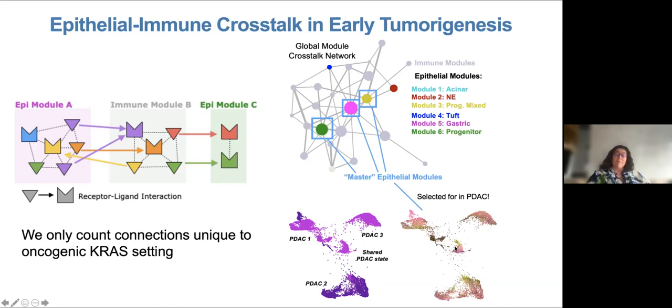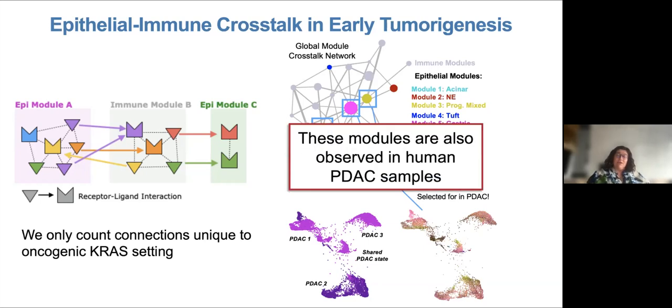And even more importantly, we went back to our human data, and I'm not going to show you the exact data because it's pretty ugly, but very statistically significant. These modules are also observed in the human PDAC sample. So these new avenues of communication are not only in these early injury states, but they also exist in advanced mouse PDAC and in clinical human PDAC.